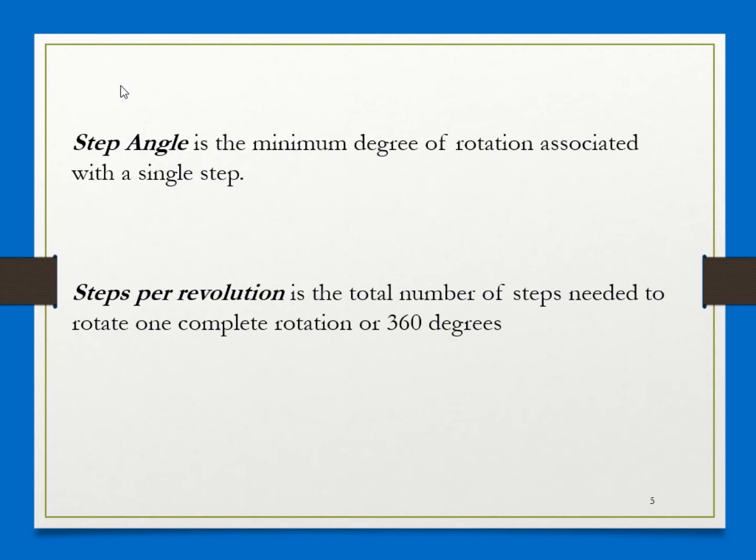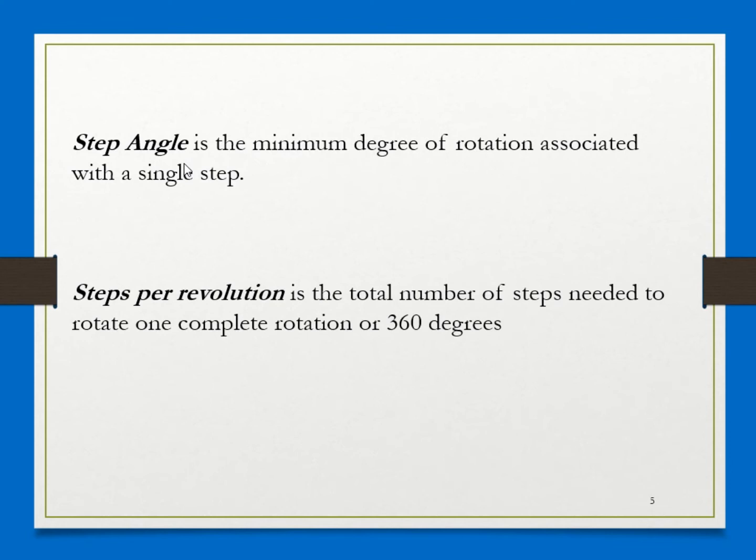The angle through which the stepper motor's shaft turns for each pulse is referred to as the step angle of the stepper motor. So step angle is the minimum degree of rotation associated with a single step, which means that, for example, in order to have one complete rotation or 360 degrees, say if you require 200 steps, then what would be the step angle?